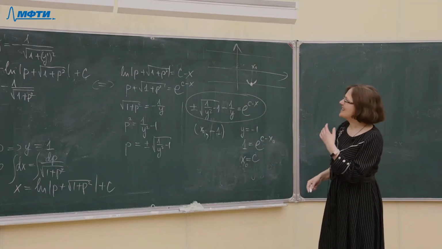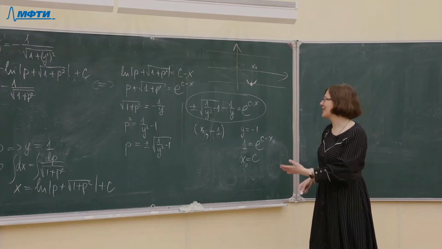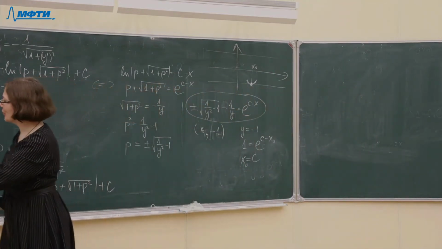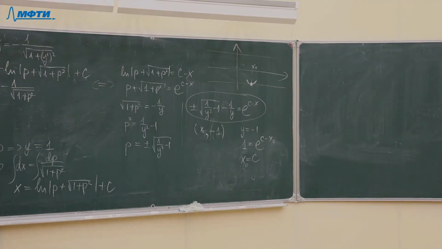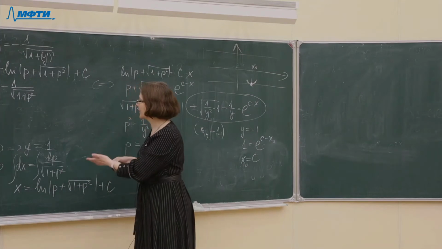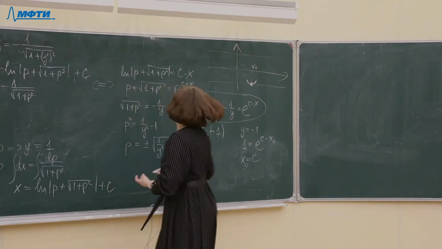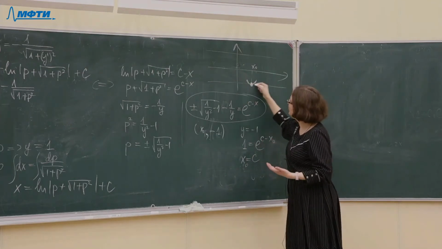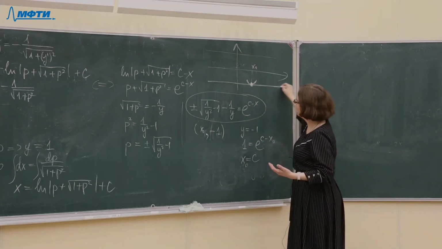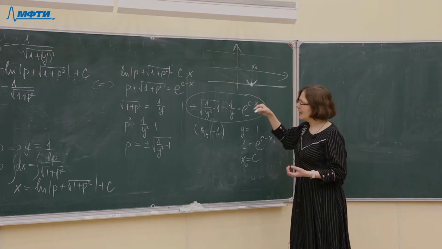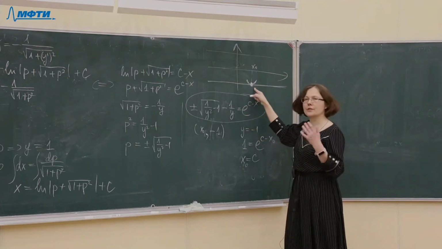So I wanted to show that, given a solution y equals 1 or -1, and given the general family of solutions, if we take any point on this line, there is a function from this family passing through this point.